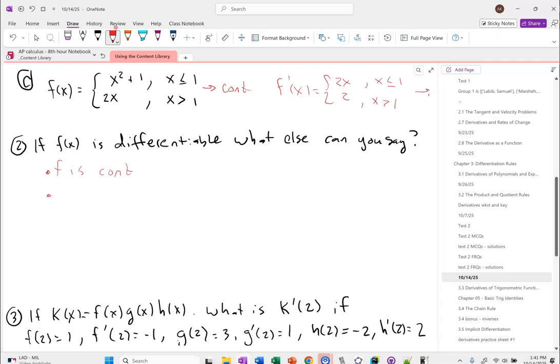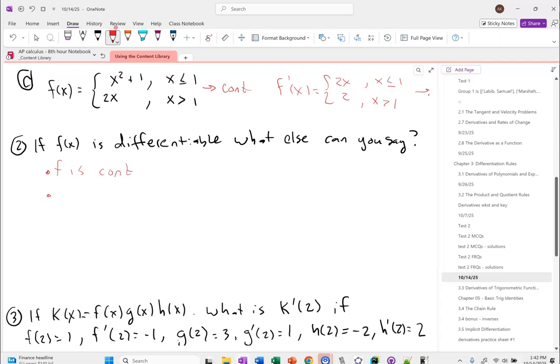Yeah. Okay, what else can we say? What else does differentiability give you? Yes, Meredith. There's a finite slope. Okay, so let's write that differently. Differentiability means that the derivative exists, right?